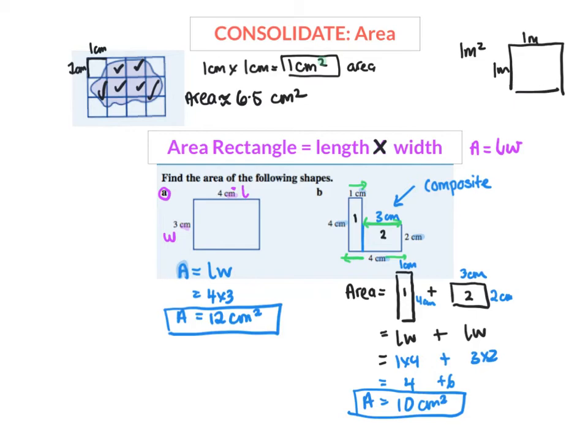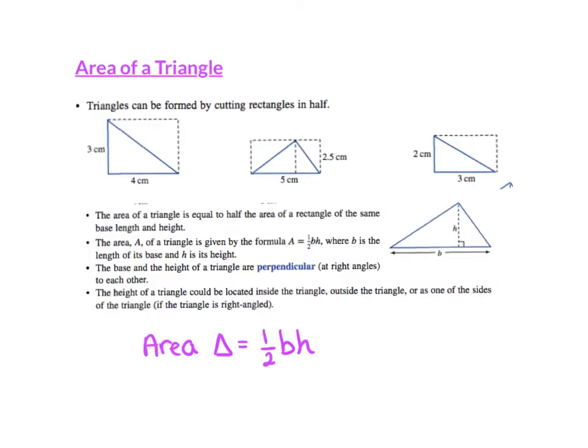Okay, so we're also going to look at the formula for area of a triangle. In summary, the area of a triangle is often written as area equals half base times height. So let's have a look at how they got there.